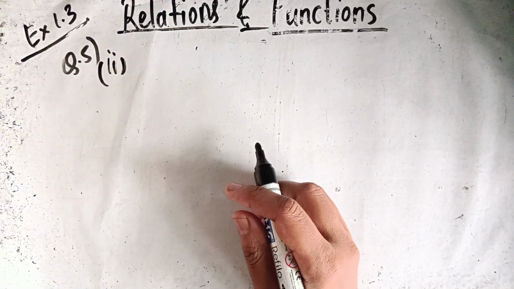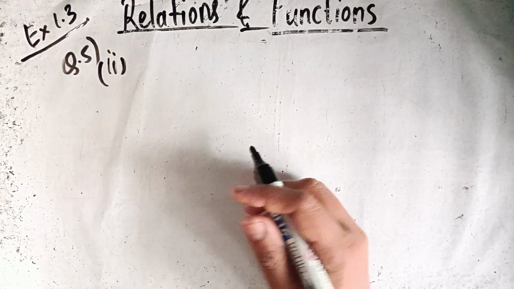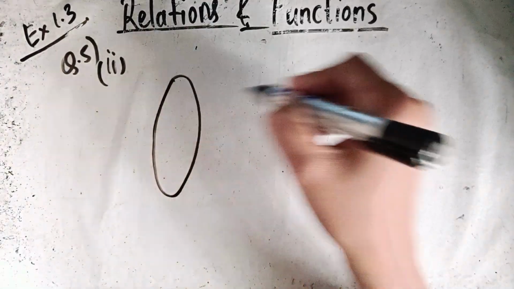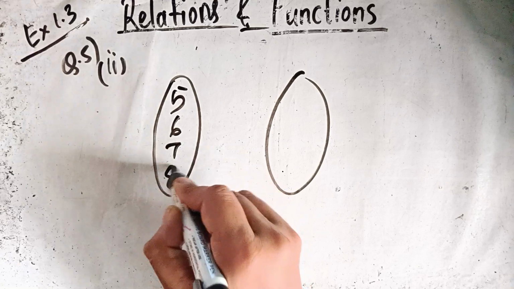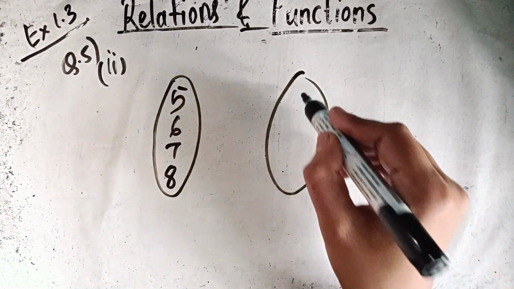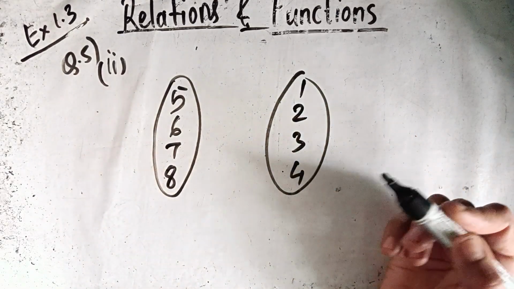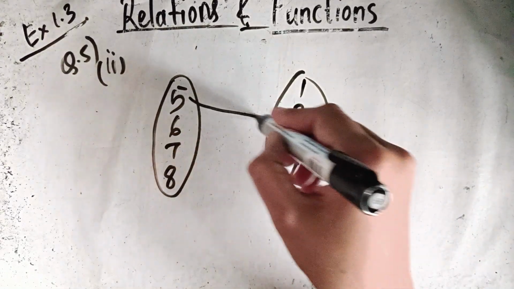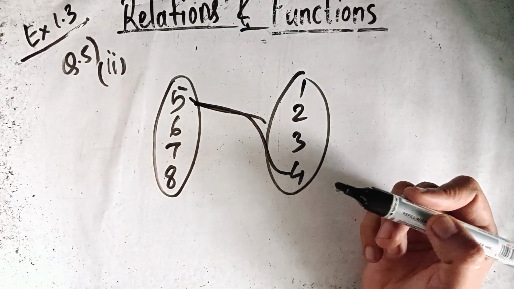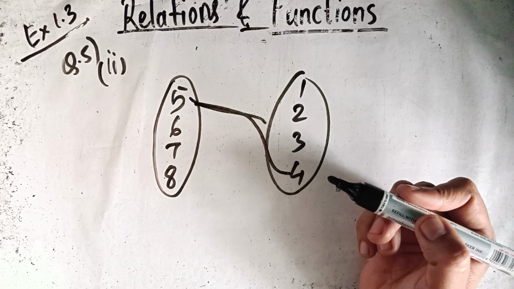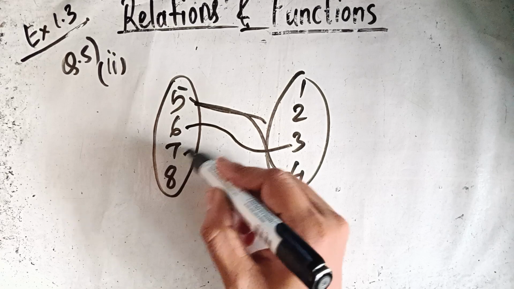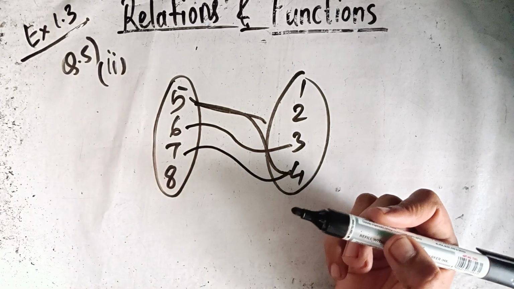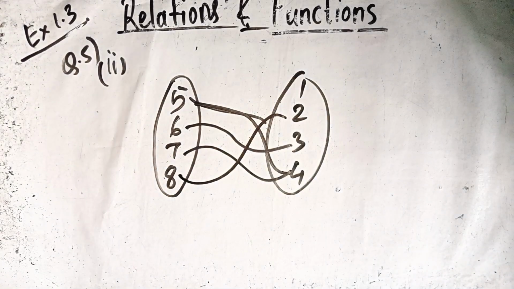Second one, 5 is going to 4. Okay, I'll write like this: 5 6 7 8, 1 2 3 4, and 5 is going to 4. g of 6 is 3. 7 is also going to 4, and 8 is going to 2.